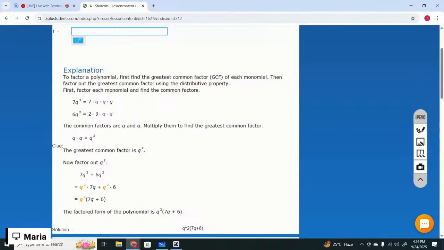So let's just factor out. q square is the common factor. So that would be q square times 7q plus 6.